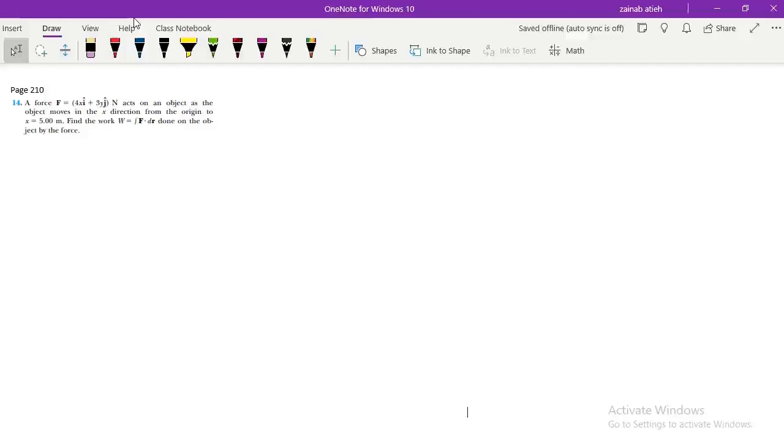Once the force is variable, I have to use the integral form of the work. I can't use the simple equation of work, which is F dot displacement. I must use the integral of F dot dr, which is the more general formula for the work. So the work of F is equal to the integral of F dot dr, from the origin to the point x equals 5 meter.